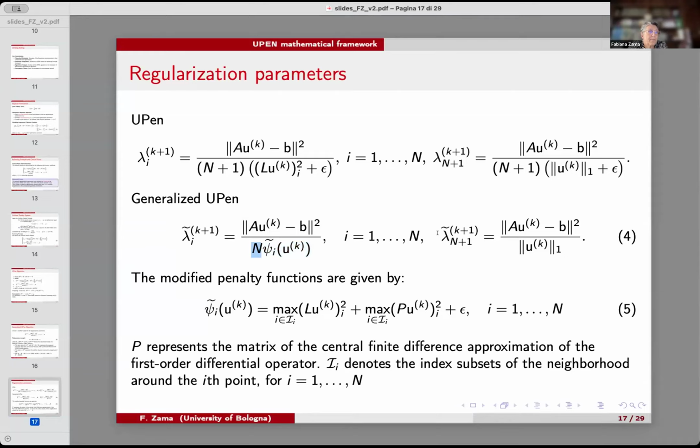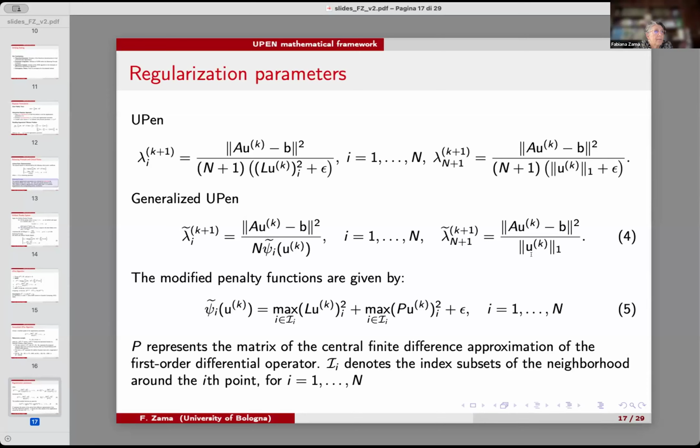And the last parameter is a ratio between the norms, because in this case we add as a regularization term the part of the L2 norm and the global norm, which is the L1 norm, to improve the sparsity of the solution and also its characteristic behavior.